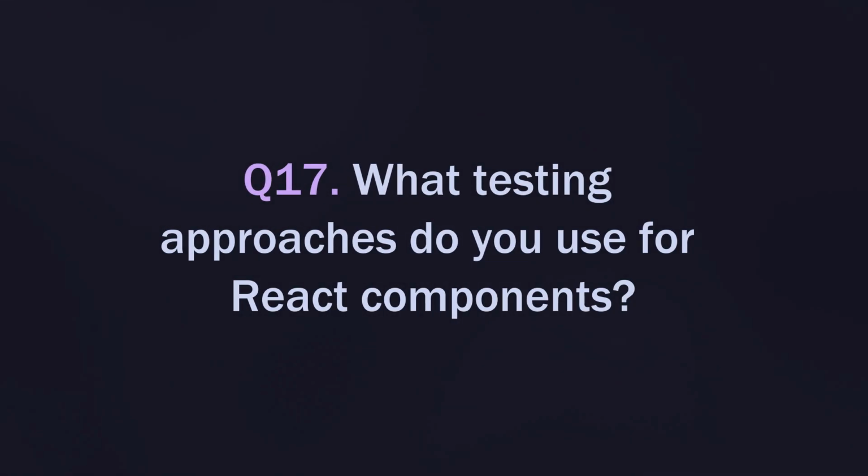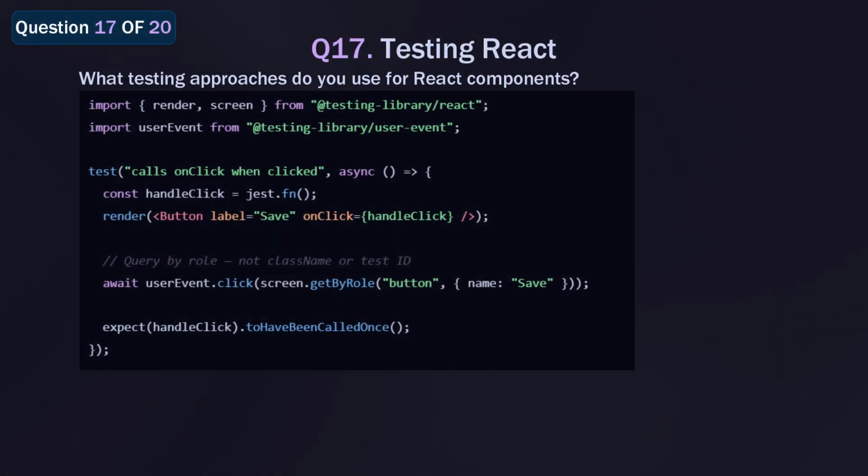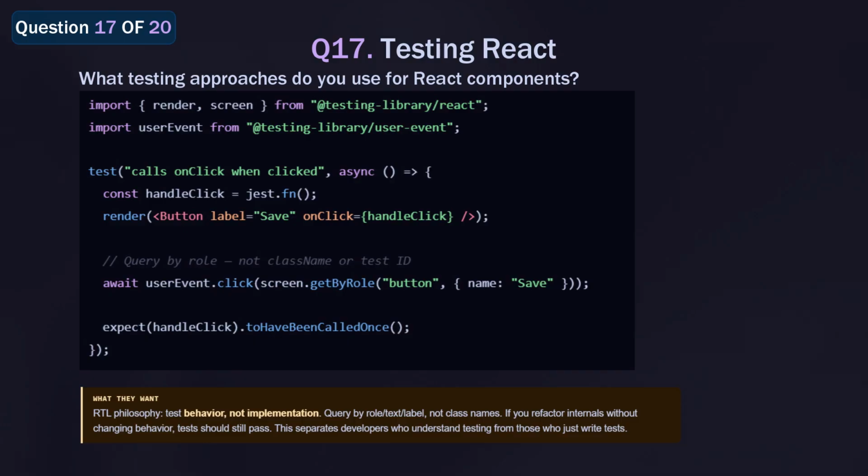What testing approaches do you use for React components? The standard stack is Jest for the test runner and React Testing Library for component tests. RTL's philosophy: test what the user sees and does, not internal implementation details. Query by accessible role, text content or label, not by class names or component structure. Unit test pure functions or custom hooks.